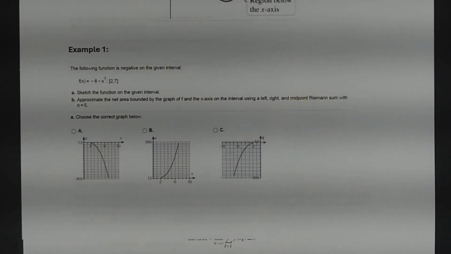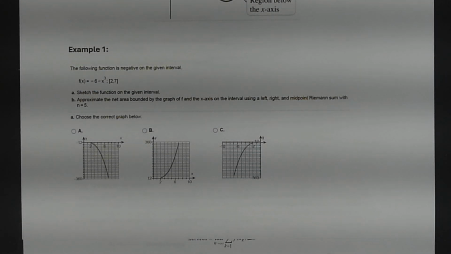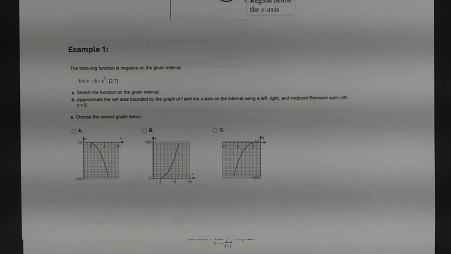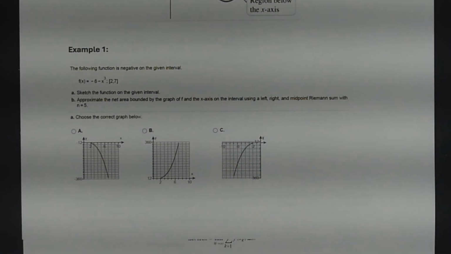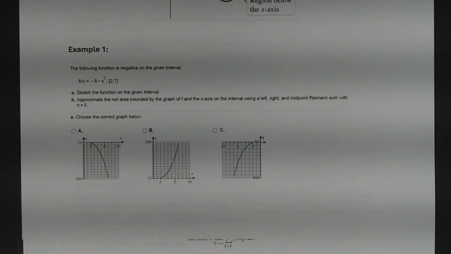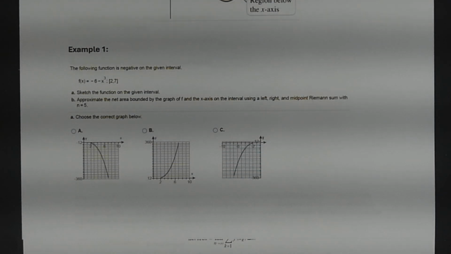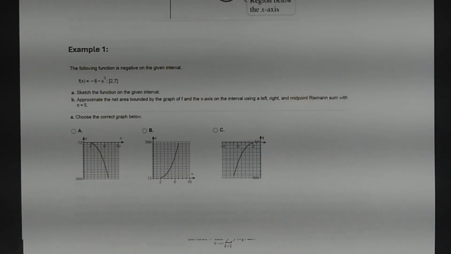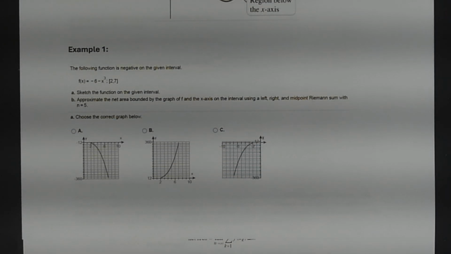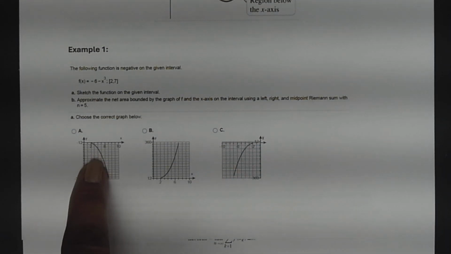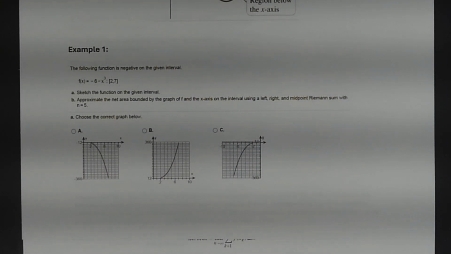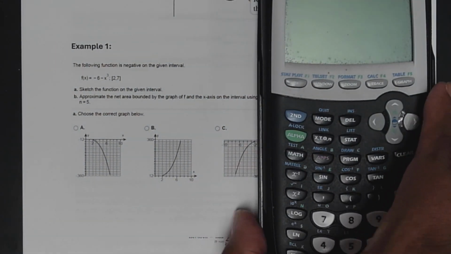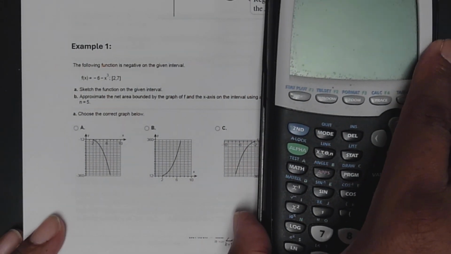Part A, sketch the function on the given interval, and part B, approximate the net area bounded by the graph of f and the x-axis on the interval using a left, right, and midpoint Riemann sum with n equal to 5. Okay, so the first thing we need to do here, now you're given a choice of graphs, so you have to select which one will fit the one that's on the calculator.